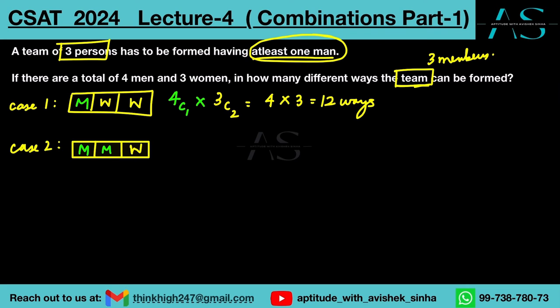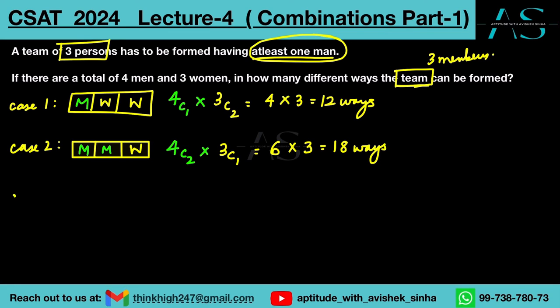Okay. How can we select 2 men out of 4 men? 4C2 selections. How can we select 1 woman out of 3 women? 3C1. Let's break it down. 4C2 can be written as 4 into 3 by 2 factorial. This is 6. And 3C1 is written as 3 by 1 factorial, which is 3. This is 18 ways.